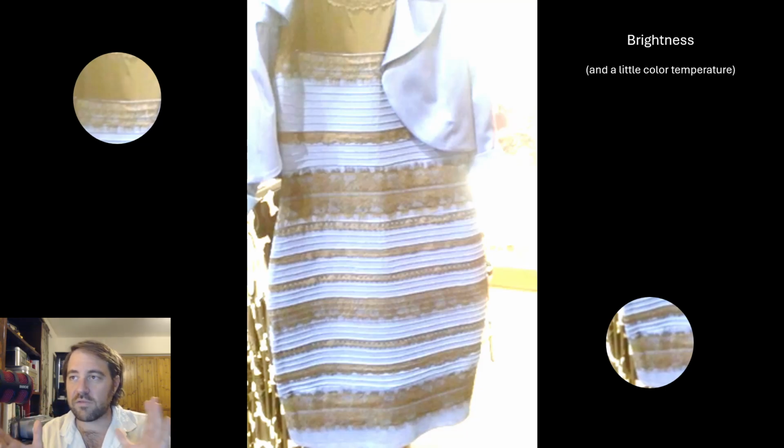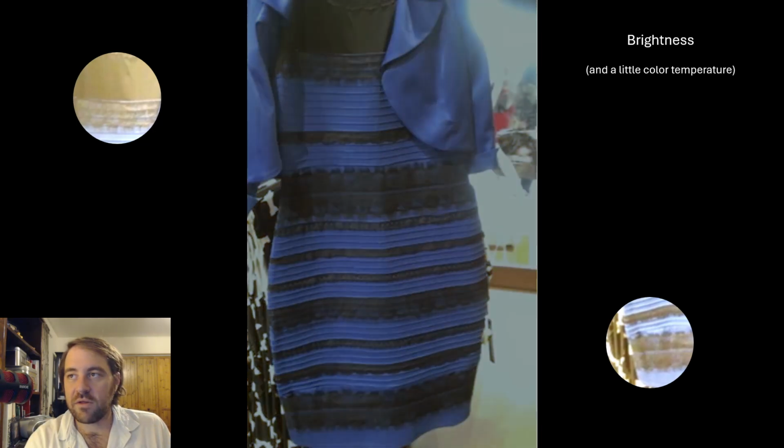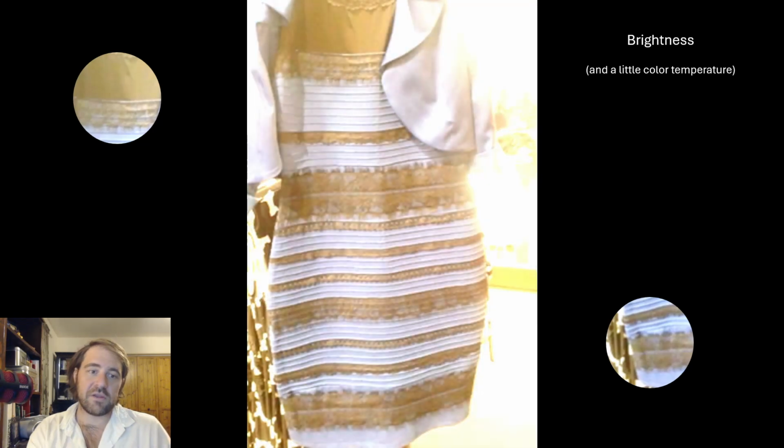So I can also correct this for color temperature, which is what we're going to look at now. Here's low brightness and color temperature corrected for LED lighting. Very black and blue. And then here is brightness up and color corrected for filament warm lighting.